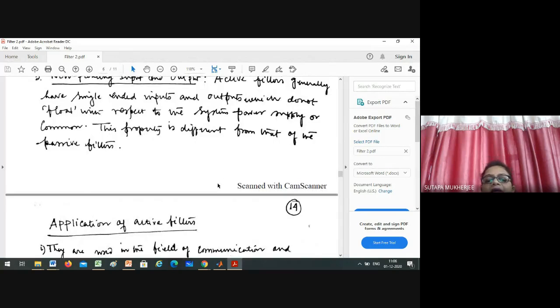Anybody has any idea regarding the application of active filters? Just think about it and tell me the answer. What can be the application of active filter? What benefit will we get by filtering?